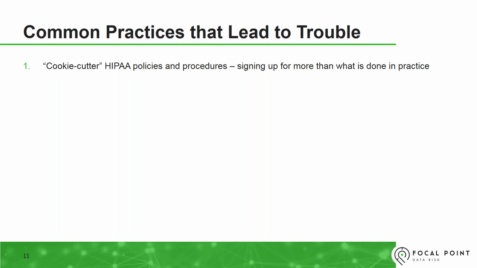So we give a word of caution: it's okay to start from baseline templates and work from wording that's already out there around topics like asset management, provisioning of user accounts, and backups, things that are very common for small and large organizations. But make sure that you spend the time to make them reflective of your organization. Otherwise, it can make it even more challenging later on down the road when you're trying to defend certain positions.